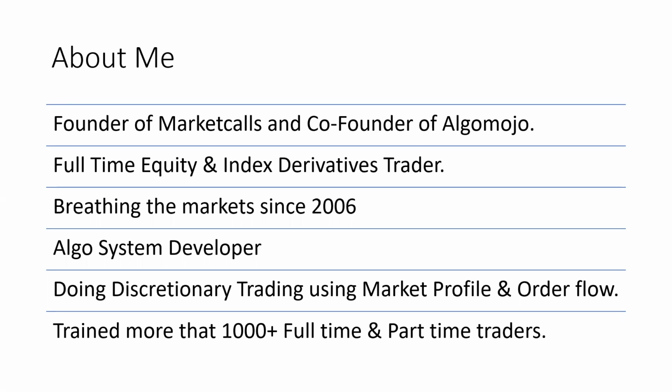Probably this is my 14th year in the markets, and I've also been an algo system developer. For the last 8 years, I've been mostly involved in discretionary trading and market profile and order flow analytics. And I also train traders on market profile and order flow.